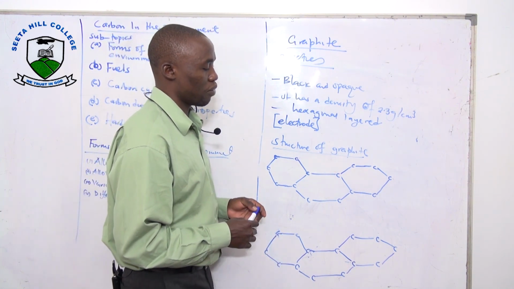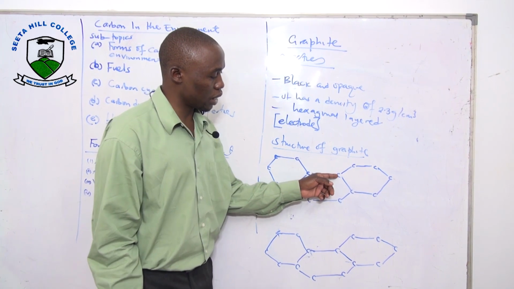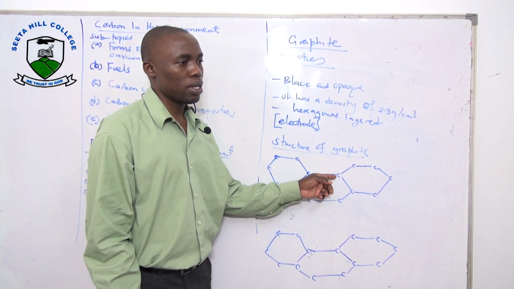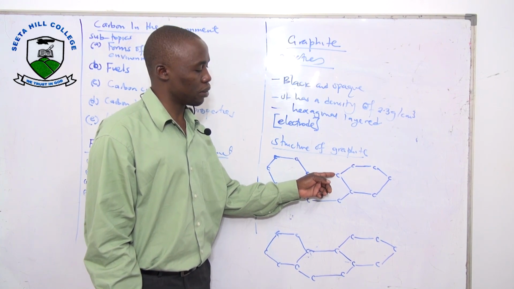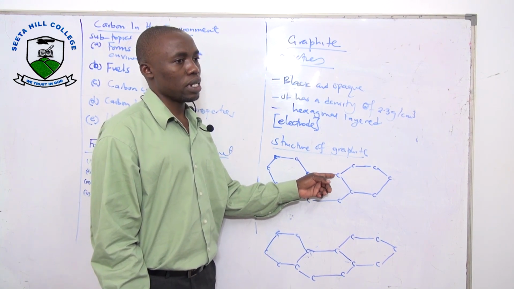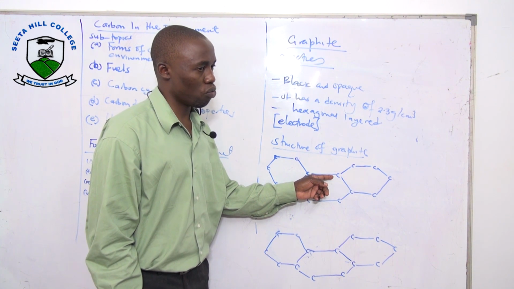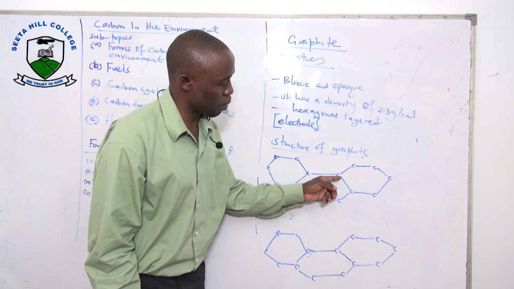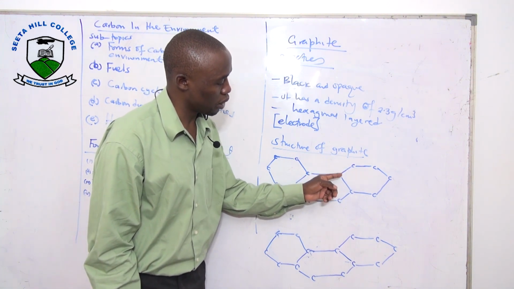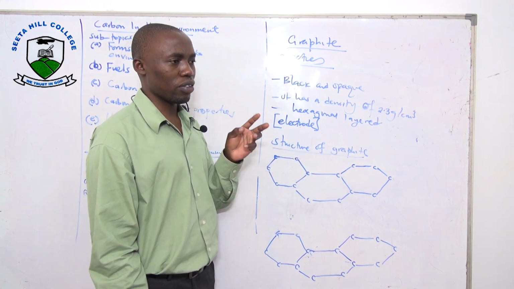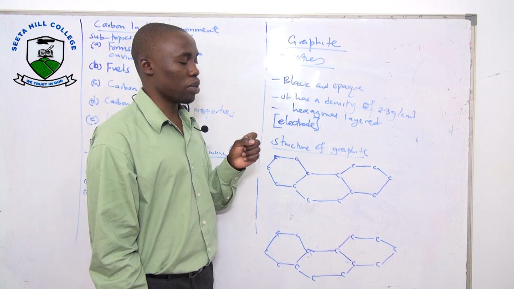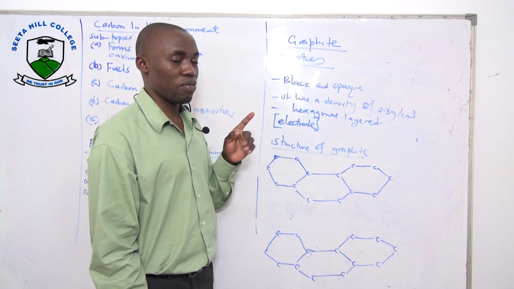Now when you observe this, you see that each carbon here is surrounded by how many bonds? But remember, carbon had how many electrons out? That means it has only used up 3, leaving 1.